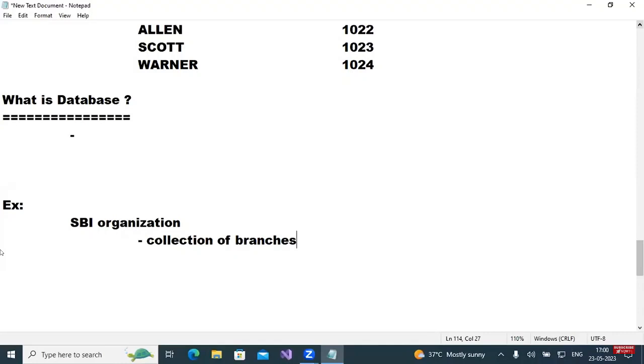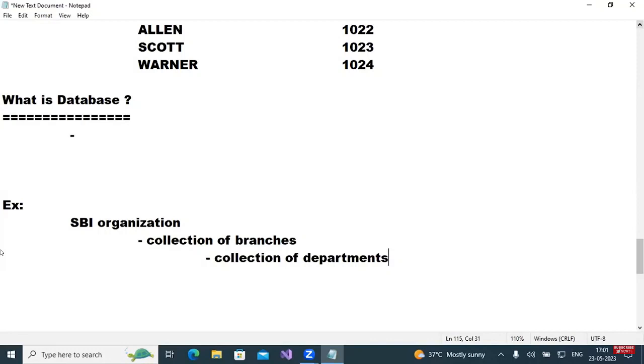Now, can I say like this: a branch is nothing but a collection of departments. Is it clear? For example, suppose you have the SBI Amirpet branch. You just go to that branch. What did you identify in that? Employees are there.